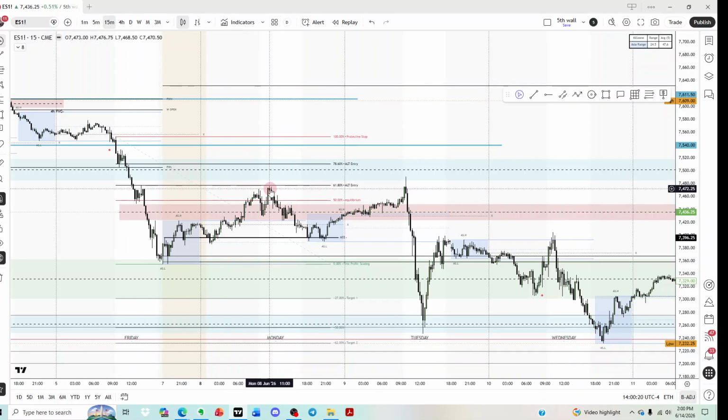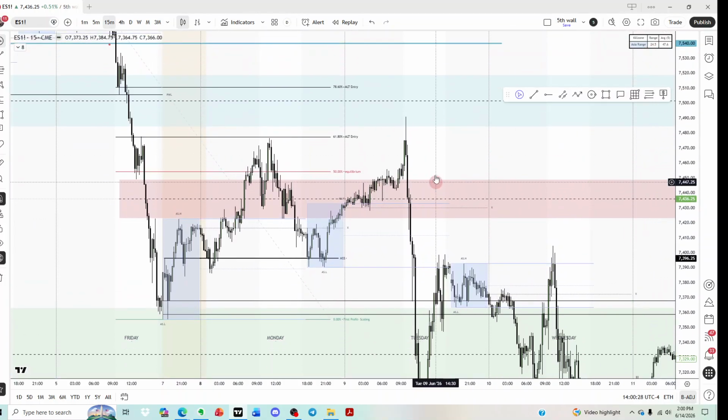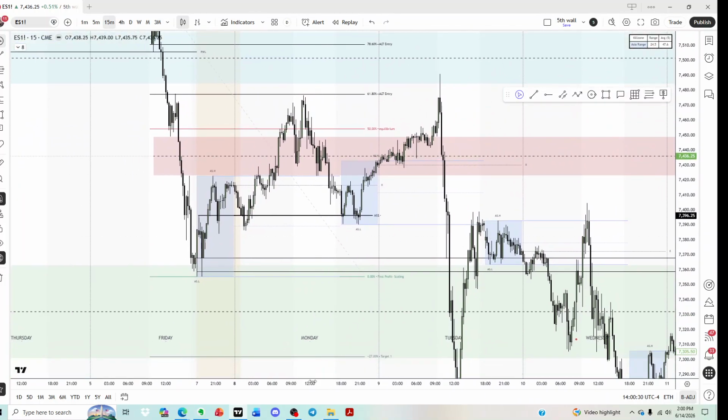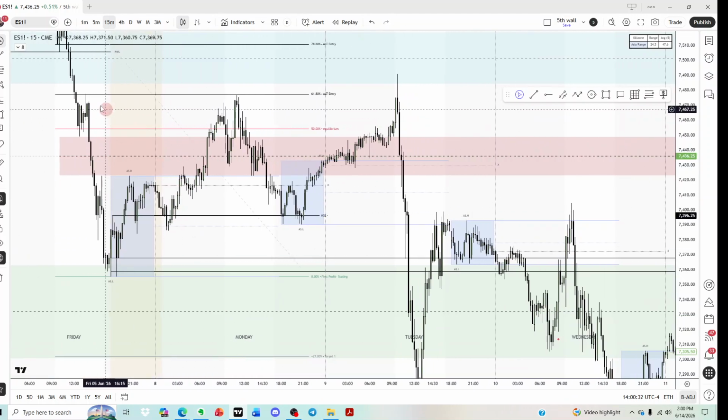Didn't do that. Price opened up, ran this high, violated this bullish fair value gap, right? Ran this high, ran this bullish fair value gap. This is an entry short here.